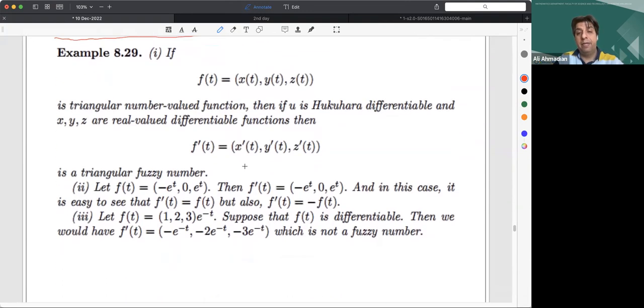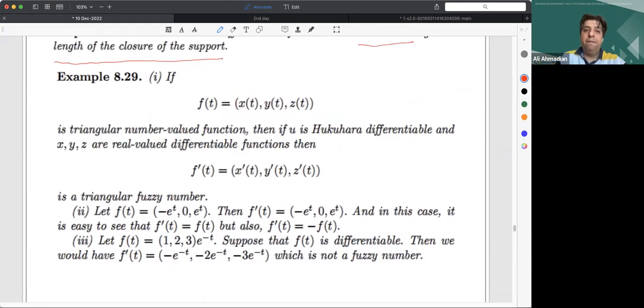For example, if we have f equal to x(t), y(t), z(t), a triangular fuzzy function, then the Seikkala differentiability for this one is x prime, y prime, z prime. Okay? Then assume that this f is equal to minus e^t, 0, and e^t.